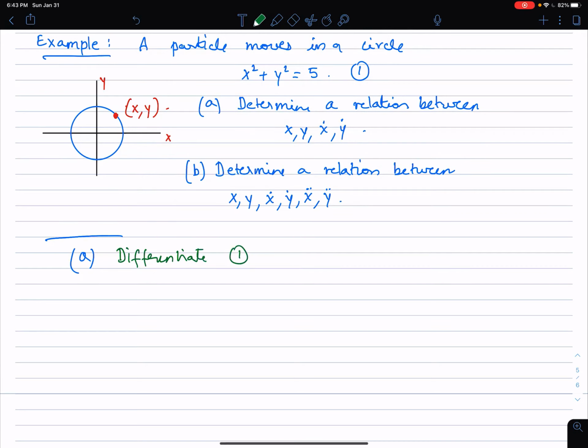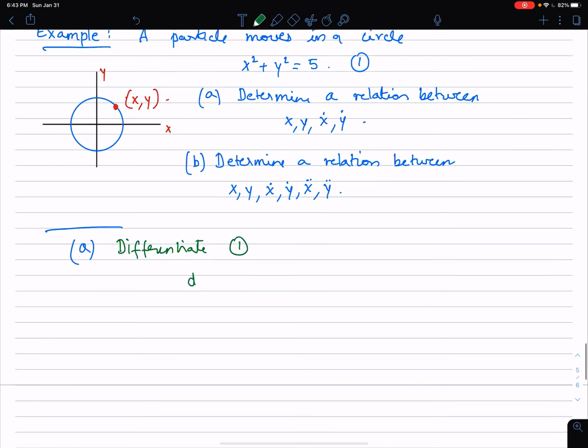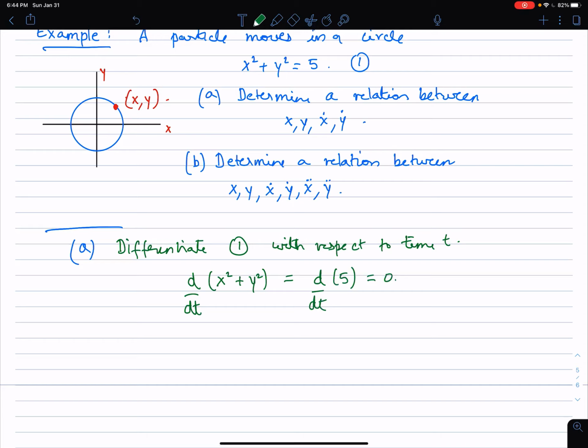We differentiate equation 1, so we say d by dt of x squared plus y squared, differentiating with respect to time, because x dot and y dot are time derivatives, equal to d by dt of 5, which equals 0.